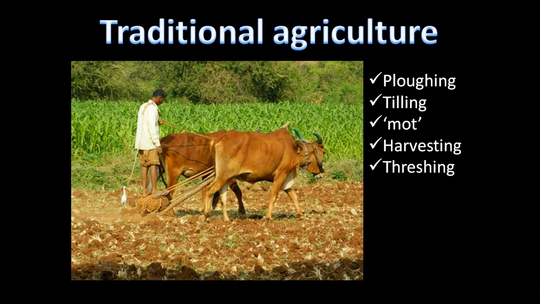Harvesting, threshing, etc. was done by the members of the farmer's family themselves with the help of oxen. However, farmers now carry out all these tasks with the help of machines.